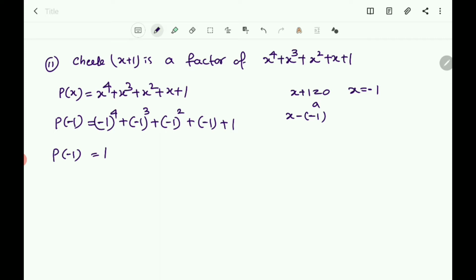Then minus 1 to the power of 3 is minus 1 into minus 1 into minus 1, that is minus plus minus, that is minus 1. Again minus 1 to the power of 2 is an even power, so it is plus 1. Minus 1 plus 1. So this is 1, this is minus 1, this is plus 1, this is minus 1, this is 1.